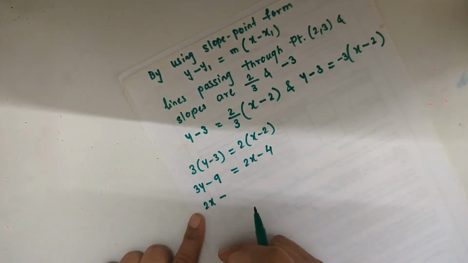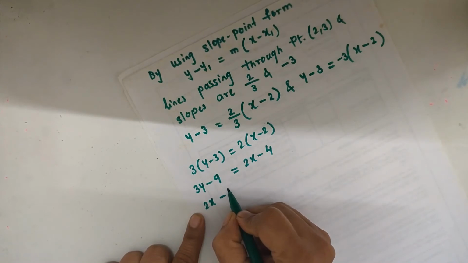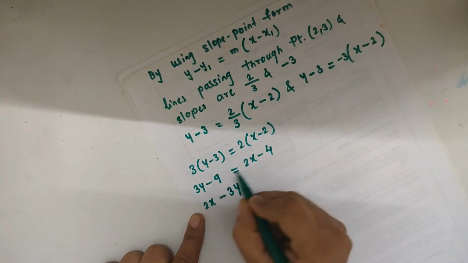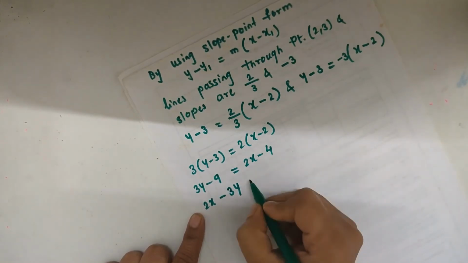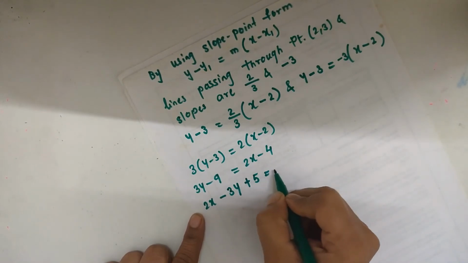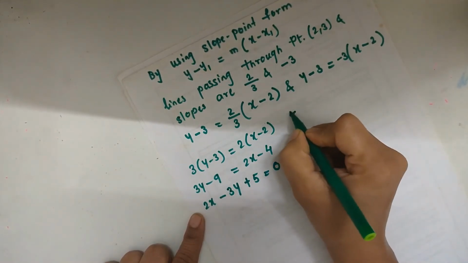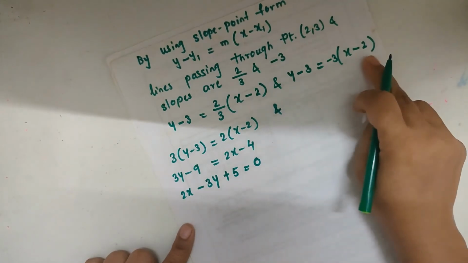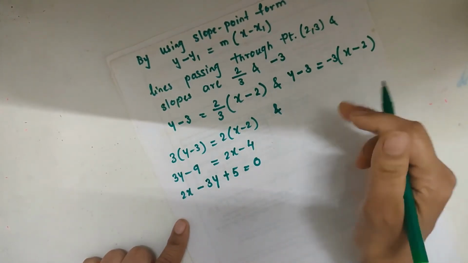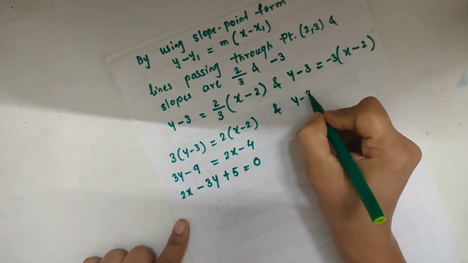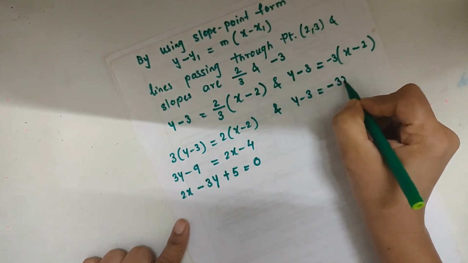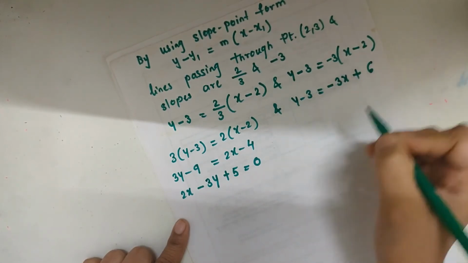Shifting this term to the right side, then we get 2x minus 3y plus 9 minus 4, plus 5, is equal to 0. And now simplifying the equation of second line, y minus 3 is equal to minus 3x plus 6.